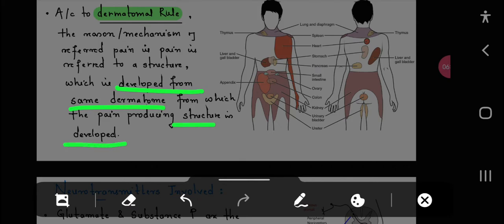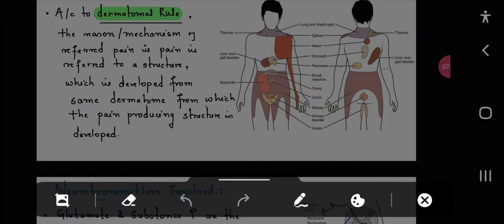So here you can see thymus, liver and gallbladder, appendix, ureter, urinary bladder, kidney, colon, ovary, small intestine, pancreas, stomach, heart, spleen, and lung and diaphragm.